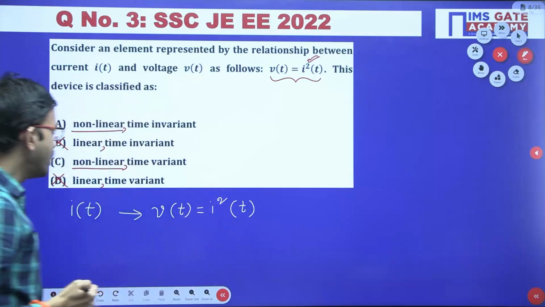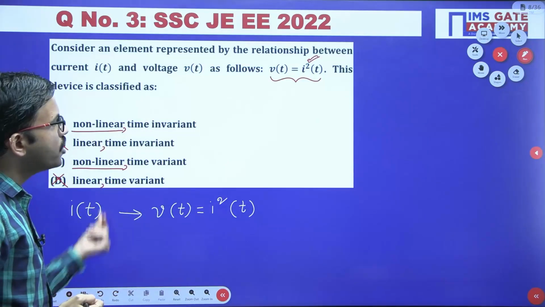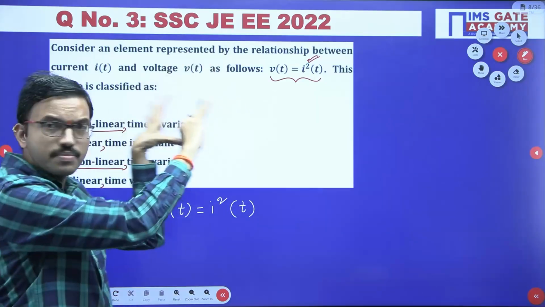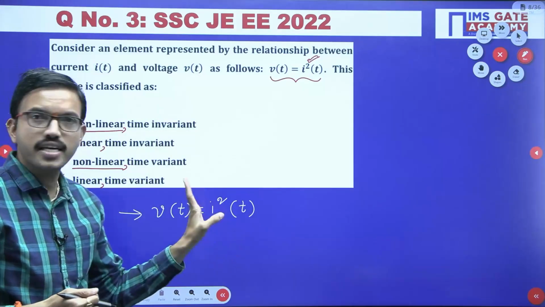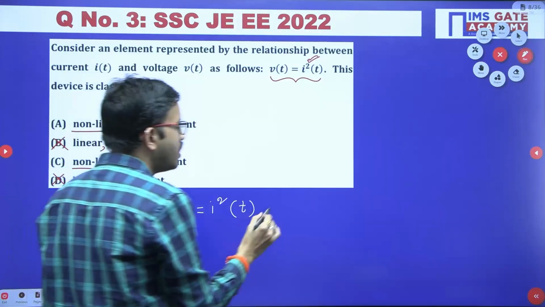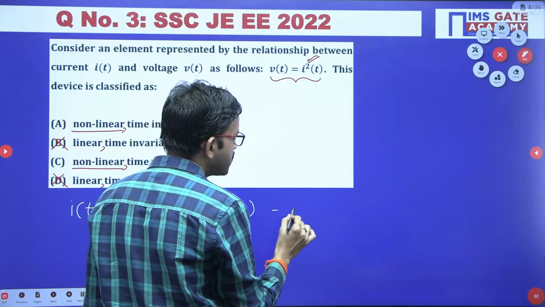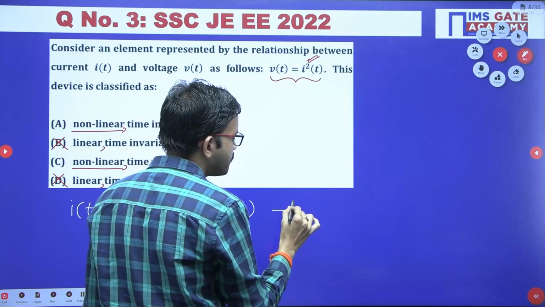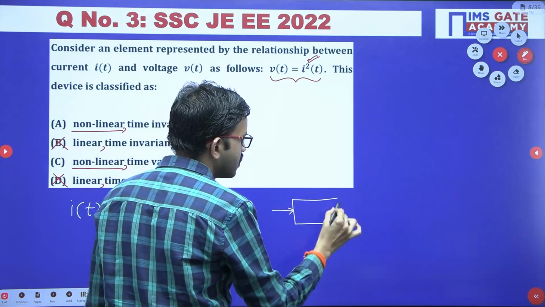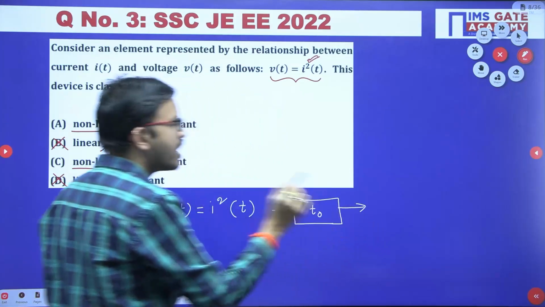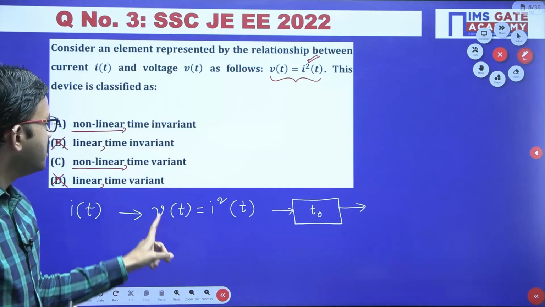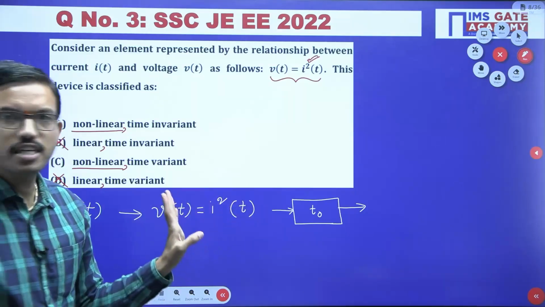V of t equal to I square of t. You have the input, you give that input to some system or network, and with the help of that network you get this output. Now whatever output you got, you pass it through a delay line which has a delay of t naught. That means in place of t, you consider t minus t naught.